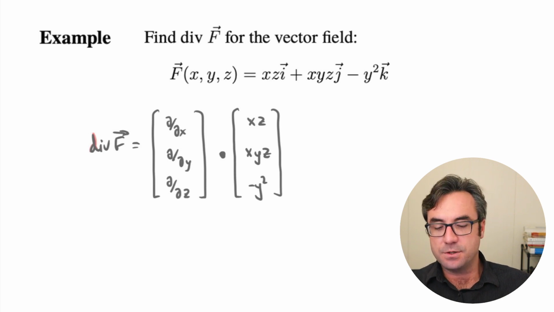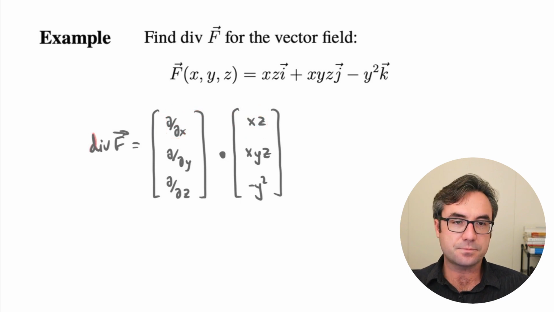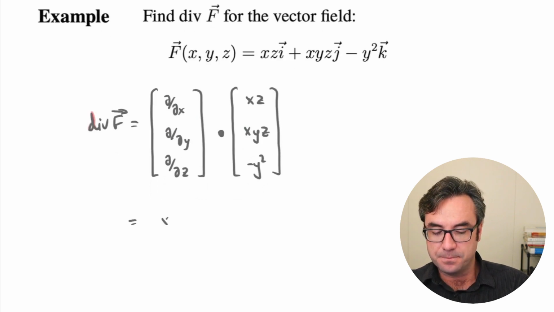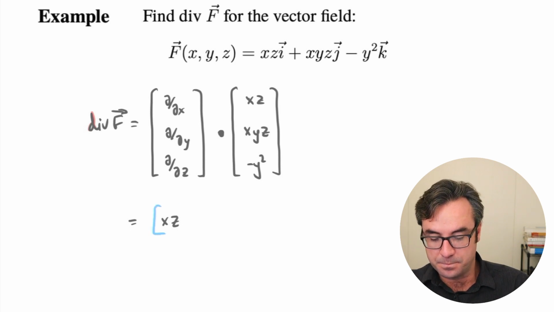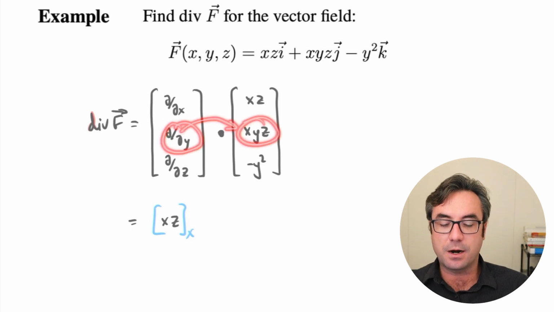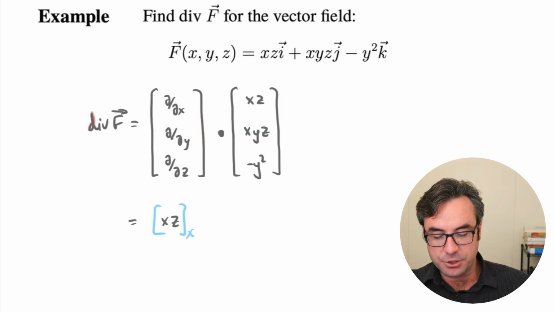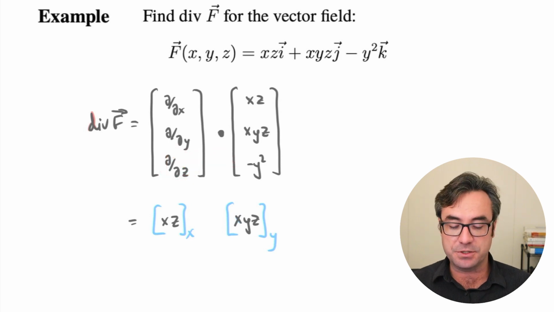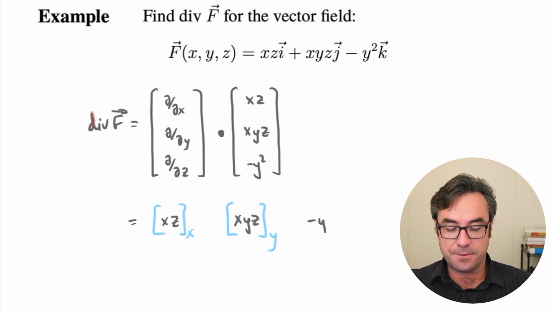And then with divergence, we're just going to take the partial derivative, match it up, and apply that to each of these terms. So in this case, we're going to apply our x partial derivative to the xz component function. And then we're going to apply the y partial derivative to our xyz component function. And then we're going to apply the z partial to that last component function, the negative y squared.